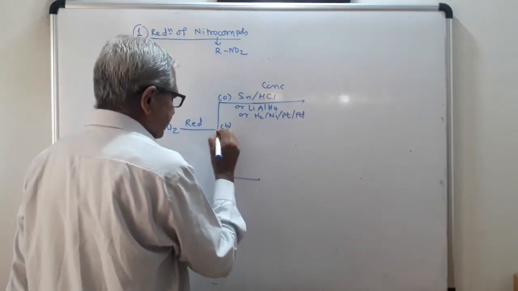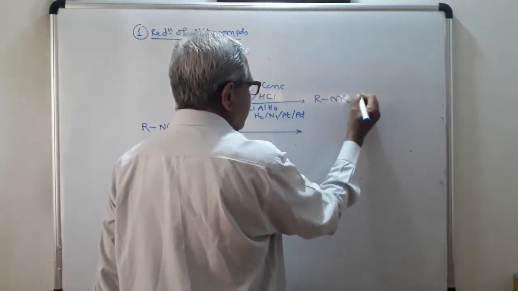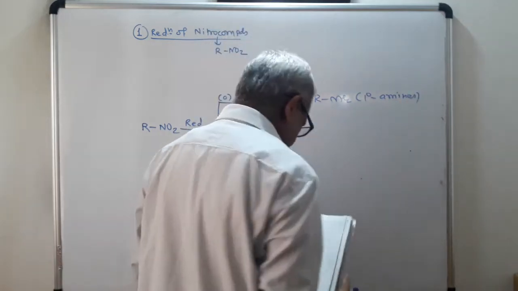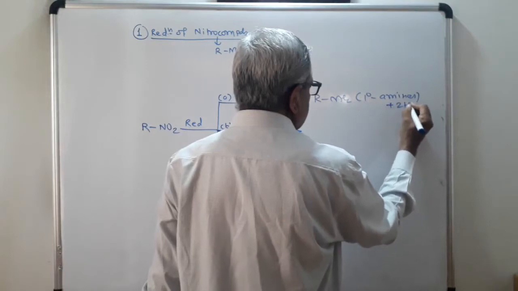This is known as catalytic hydrogenation. You will get amines, particularly primary amines, RNH2. The byproduct is 2 H2O.